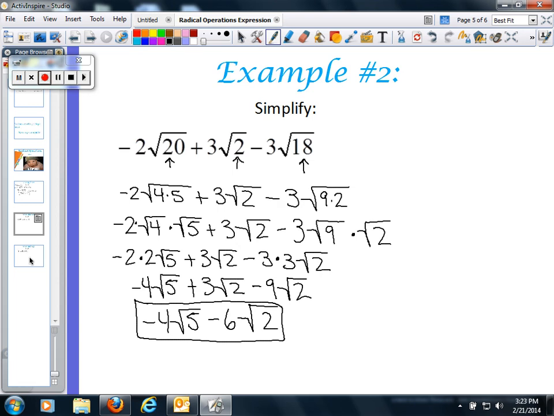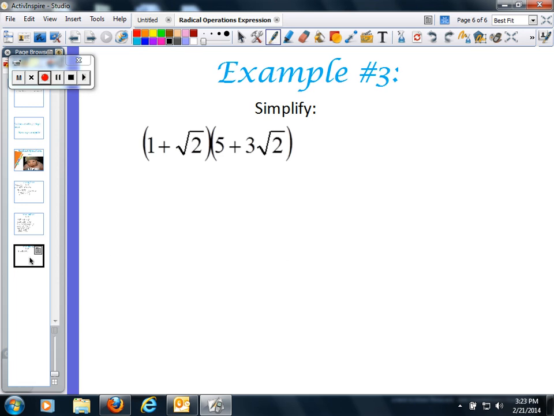So I look at number 3. Now this one, so the last two I did were adding and subtracting. This next one I'm doing is multiplication, okay? And we're going to use our polynomial expansion to do this. So you can use FOIL, or you can use the area method, or we also know it as the box method, okay?